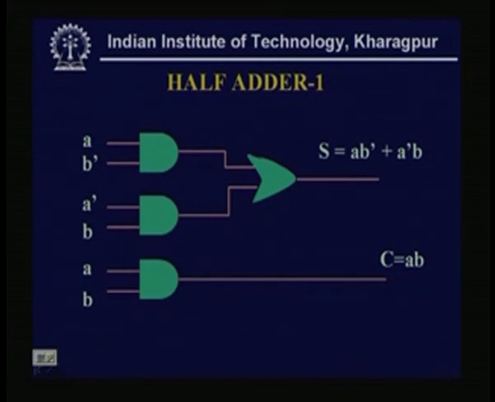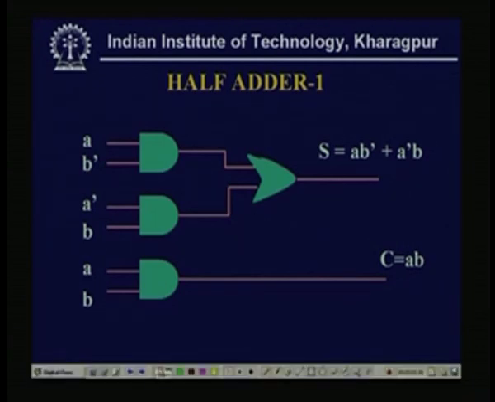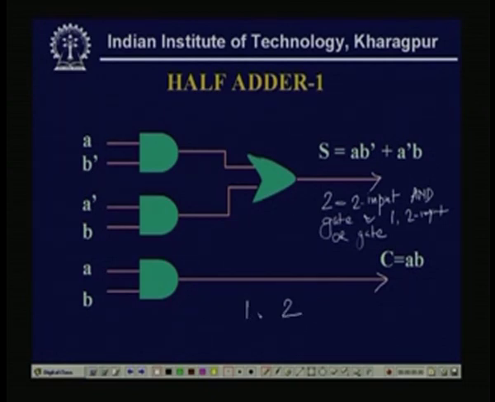Then S needs two 2-input AND gates, A B dash and A dash B, which are ORed by one 2-input OR gate. And for the carry, C equal to AB, only one 2-input AND gate. That is my circuit.